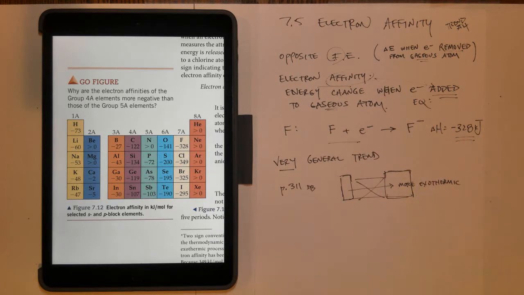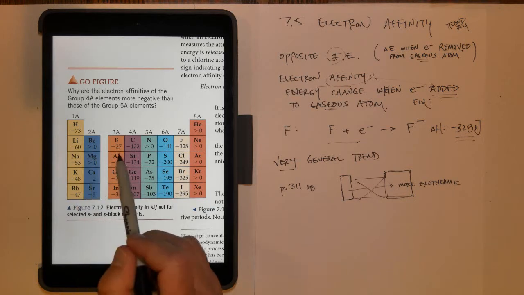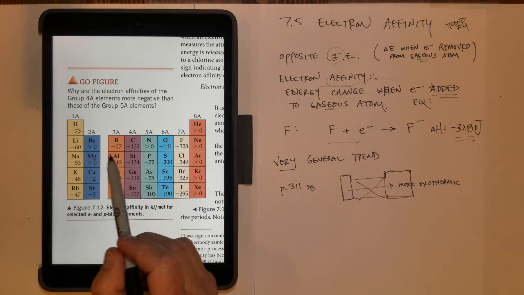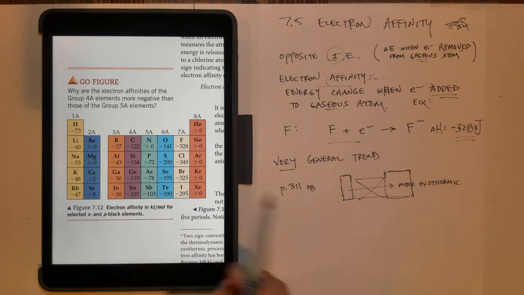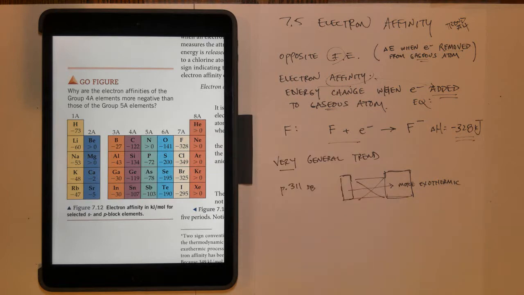If they gain electrons and then they would not be stable, like you see in beryllium and magnesium, they'd have to gain an electron and then they'd end up having the 2p or the 3p orbital filled, then it would generally be endothermic, and you can see that happening here with all the noble gases as well.